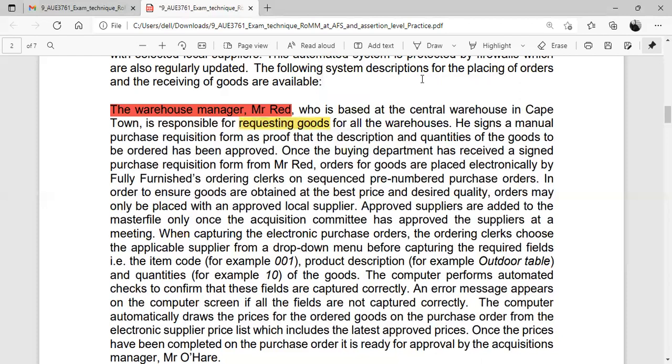He signs a manual purchase requisition form as proof that the description and the quantities of the goods to be ordered have been approved. Can you guys tell me what a requisition form is?